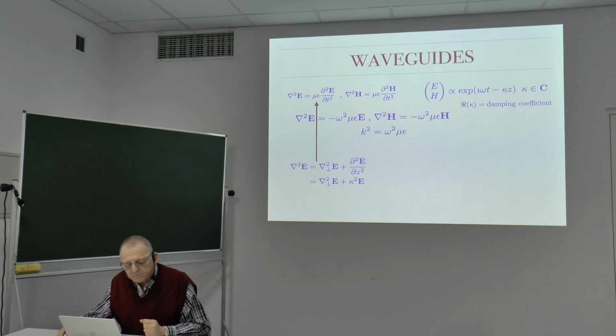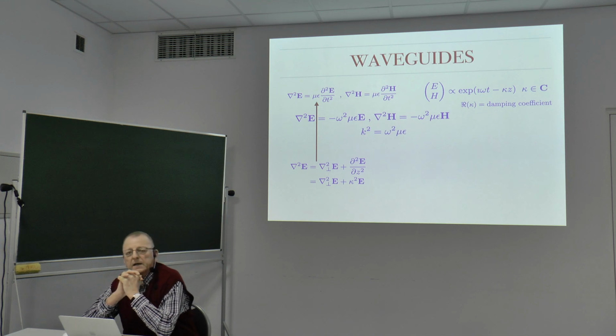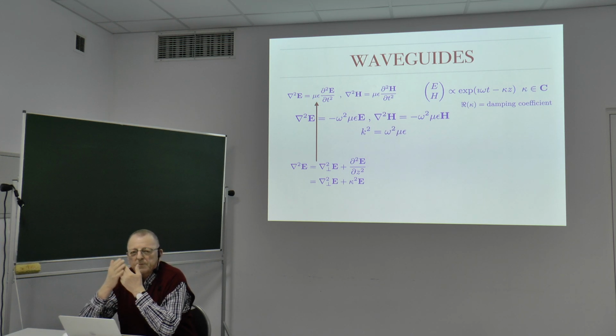So now we can write our wave equations in the way I had written here. That means that the time derivative is replaced by the multiplication by i times omega.